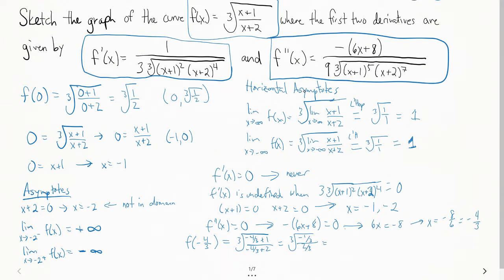So after all this is said and done, the 3 would come up top and cancel off, and so at negative 4/3, you get the cube root of negative 1/2. So that is very similar. You have negative cube root of 1/2. Remember, our y-intercept was actually the cube root of 1/2. So you have some similarities in terms of what's happening with our graph. And so last but not least, f double prime of x is undefined.